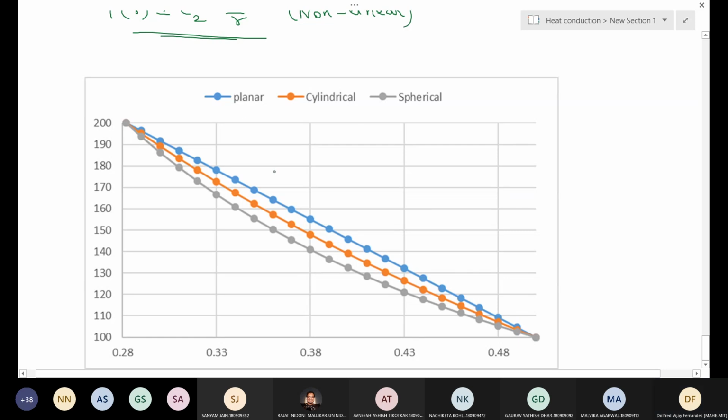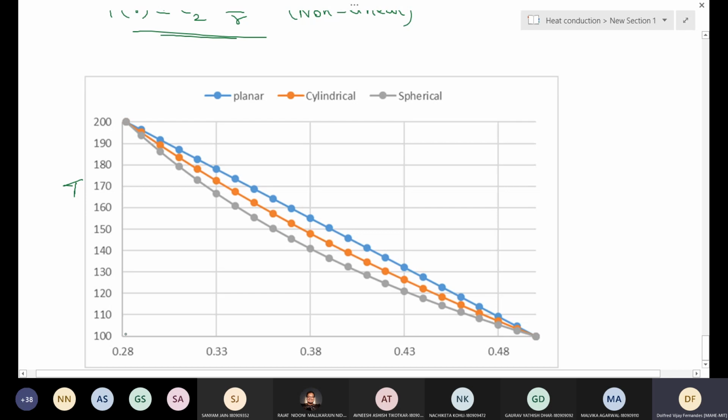The blue line here is a planar straight line. Then the cylindrical, and the last one, the more curved one, is the spherical wall. This is temperature T. I applied temperature between 200 and 100.